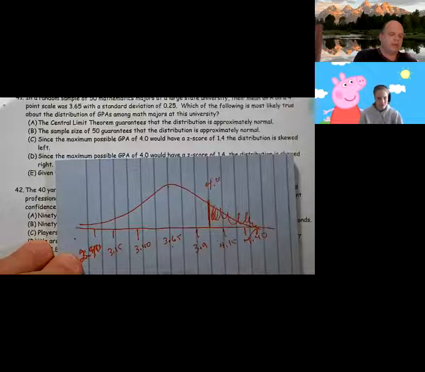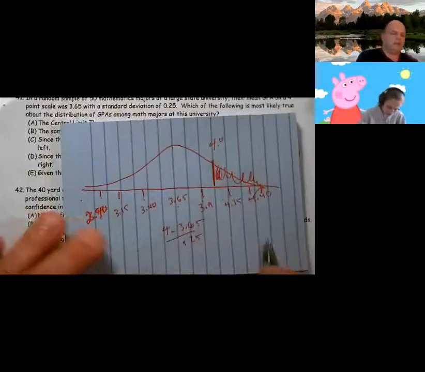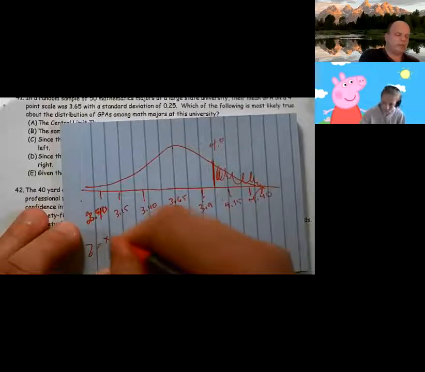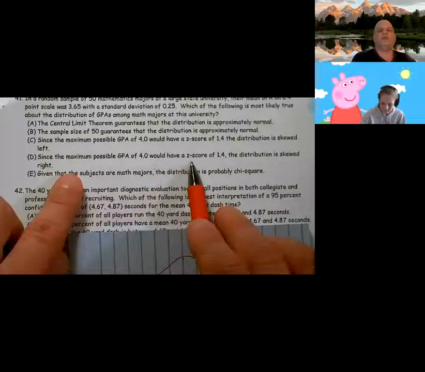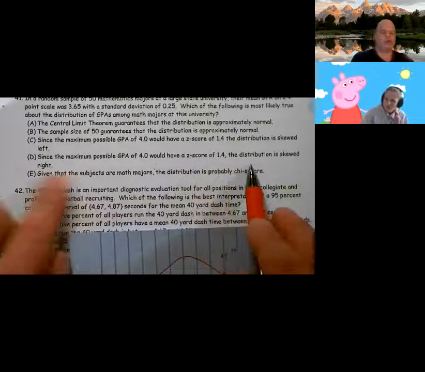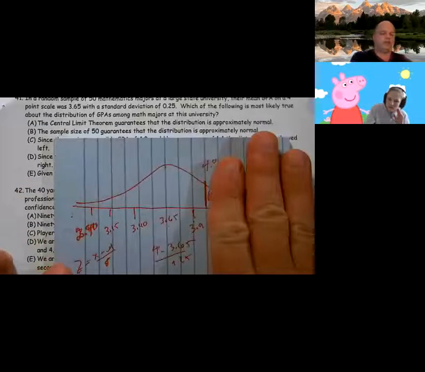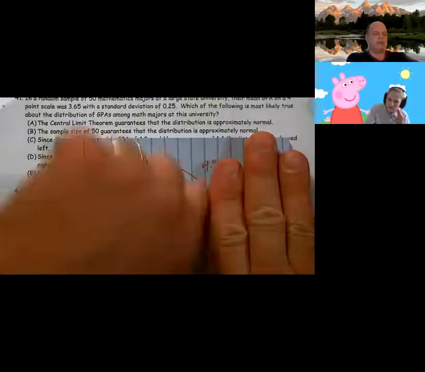What is that value? 4 minus 3.65 divided by 0.25, because that's my z equals x minus mu over sigma. Since the maximum possible GPA of 4.0 would have a z-score of 1.4, the distribution is skewed to the right. And we can look at this and go, yeah, you're missing those values.